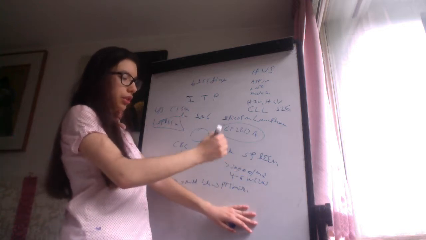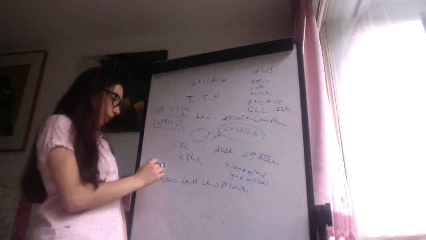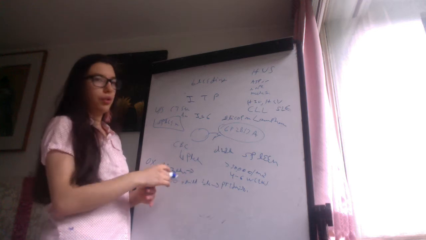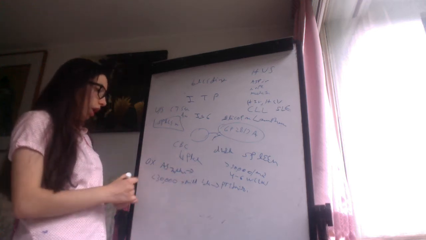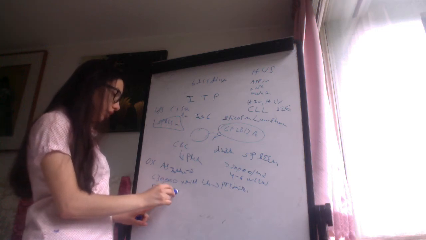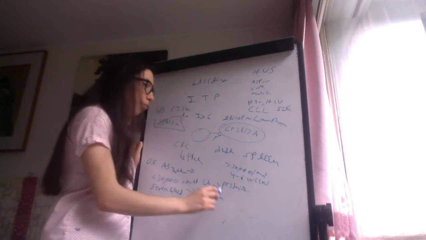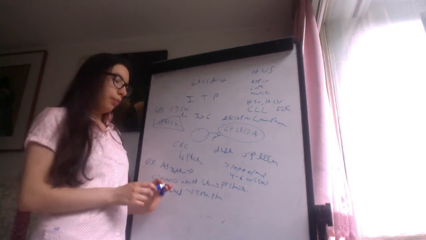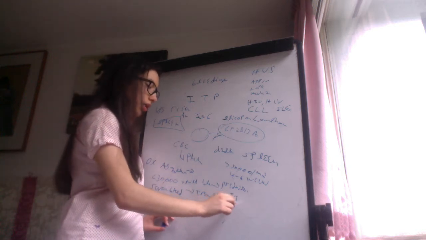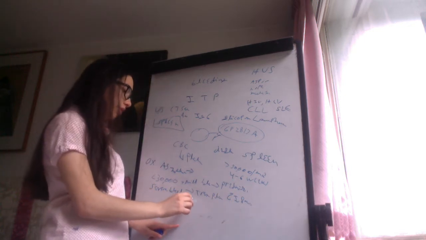And after this, we will taper this corticosteroid. If the patient is asymptomatic, then we usually don't treat. And if the patient has very severe bleeding, we do a transfusion of platelets, but it is very rare that we do the platelet transfusion. We only give it if there is life-threatening bleeding like GI bleeding or brain bleeding, and during the splenectomy.